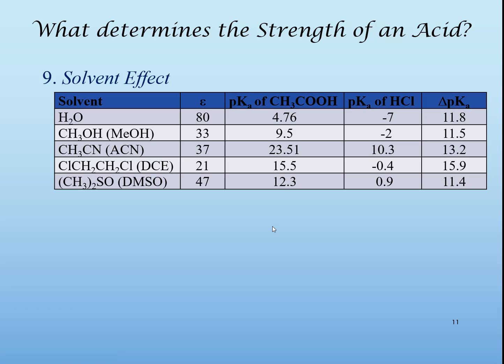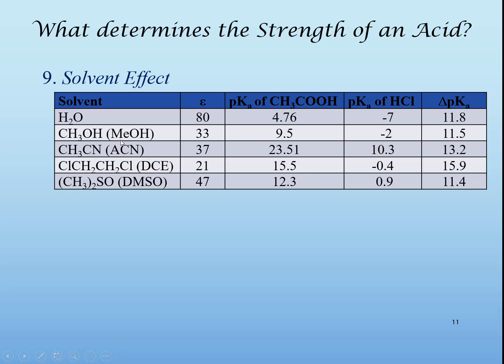Another thing we need to consider when we talk about acidity is the solvent effect. If you look at two acids like acetic acid and hydrochloric acid, we have pKa values of 4.76 for acetic acid and -7 for hydrochloric acid in water.